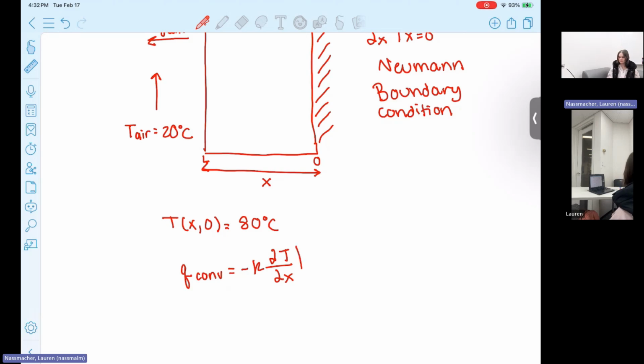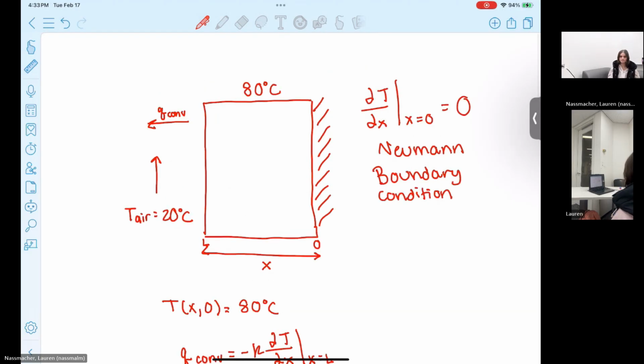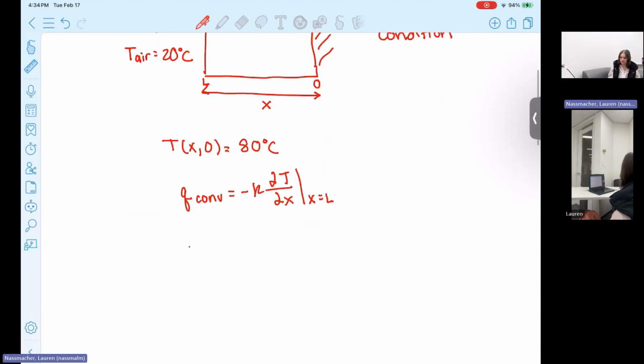Because that's side L, we'll say that x is equal to L. While we're losing heat from convection on this side, we are also losing heat through conduction in the slab. So heat of conduction is equal to the thermal conductivity, once again, multiplied by the temperature at L, over time, minus the temperature as we move away from the slab.